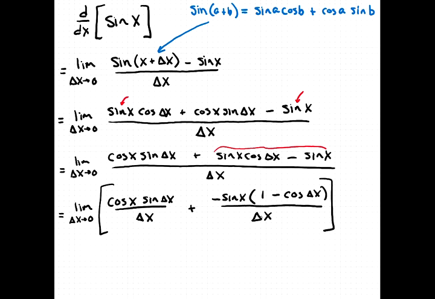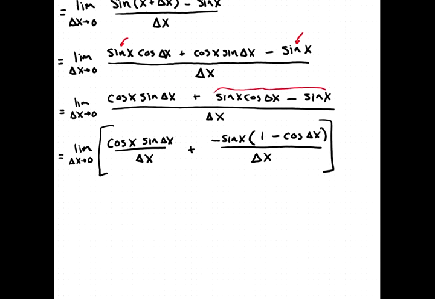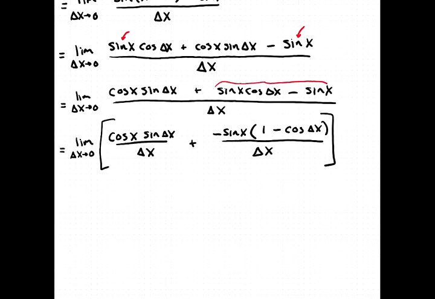The reason I factored out a negative sign is because we have these two limit formulas that we established earlier, these two special limit formulas, one for the sine, one for the cosine. We have the limit as, I'll use theta in the formula, theta approaches 0 of sine theta over theta is equal to 1.